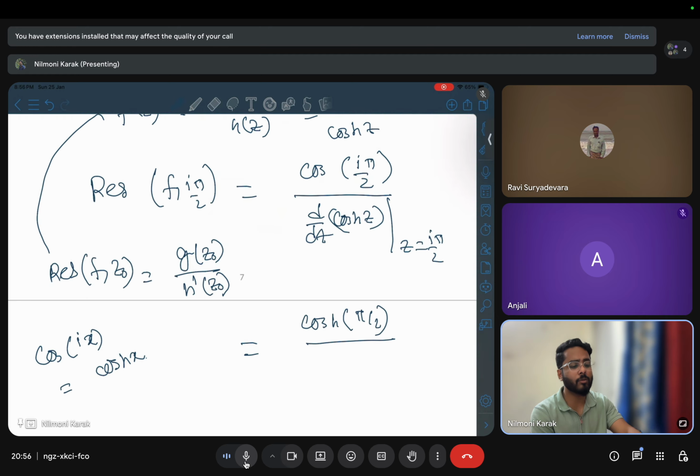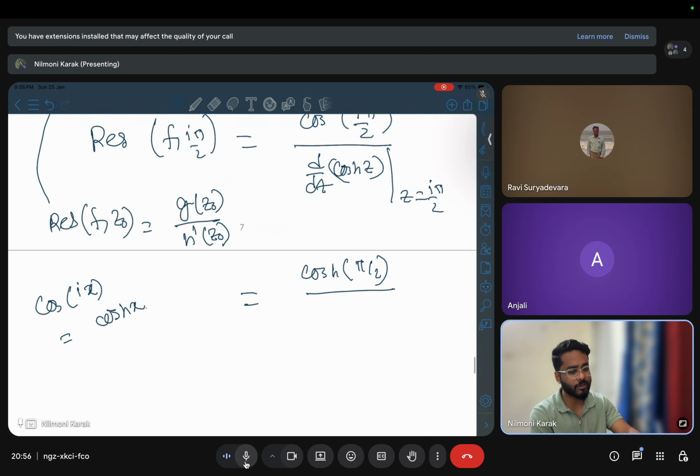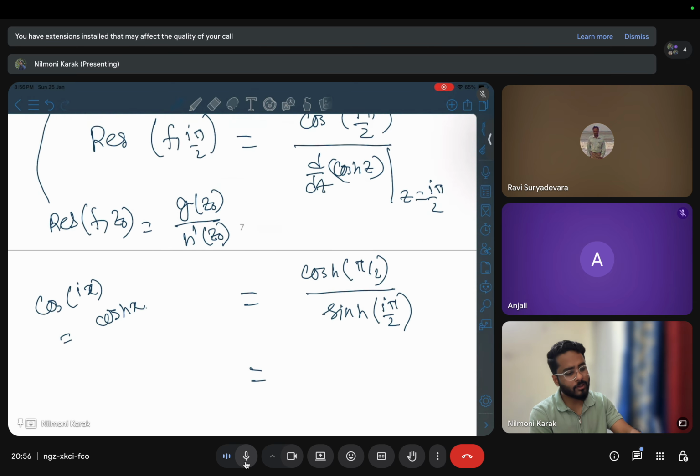what is the derivative of cos hyperbolic z? This is sine hyperbolic z, right? Sine hyperbolic i pi by 2, and this is just i times sine pi by 2.